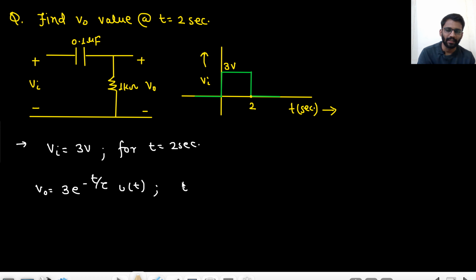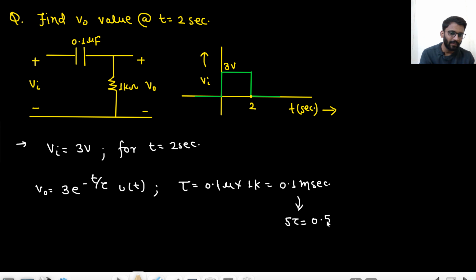Tell me. Time constant is RC, so 0.1 micro times 1 kilo. That means the time constant is 0.1 millisecond. In how much time will we see the steady state? 5 times tau, right? It means in 0.5 millisecond only we will see the steady state.